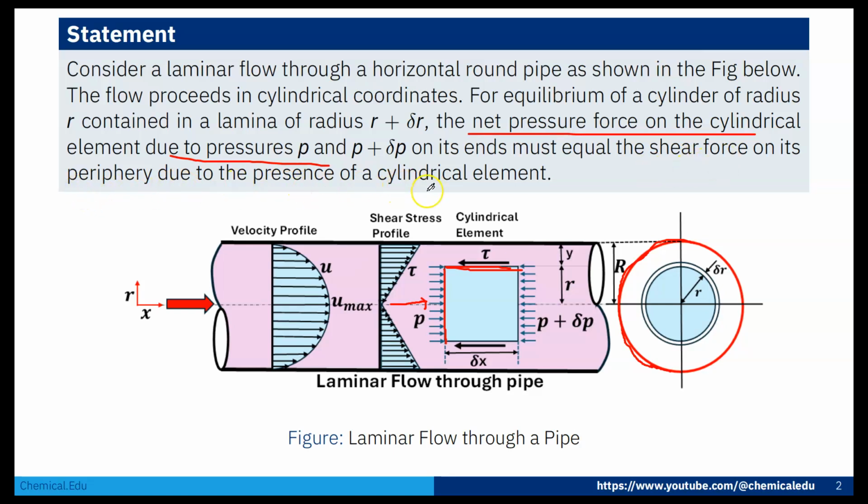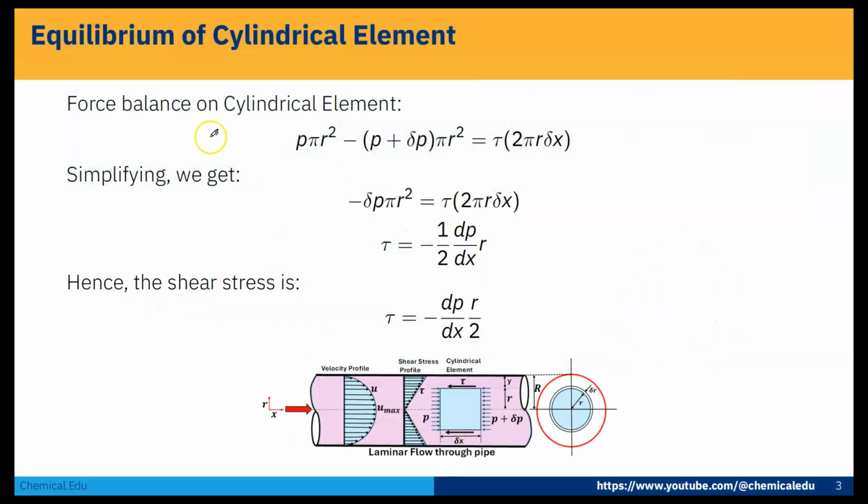So in the force balance, this side will be P pi r square, and on the opposite side, acting in the negative direction, P plus del P pi r square. That is equal to tau, the shear stress acting on the surface, times the area, 2 pi r dx.